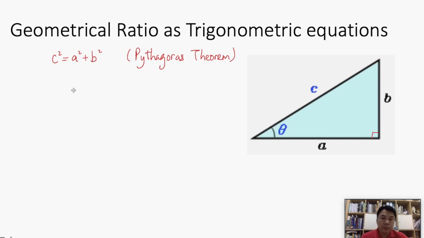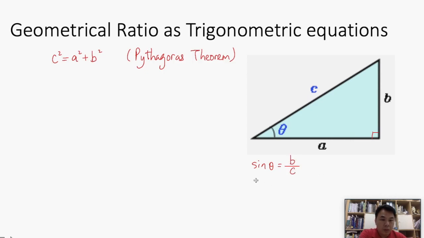And then from this Pythagoras theorem equation, let's try to recall some of the trigonometric ratios that we can relate to this triangle. I'm going to write it down here just for reference. We have sine theta, which is given by the length of the opposite against the hypotenuse, so we have b over c.